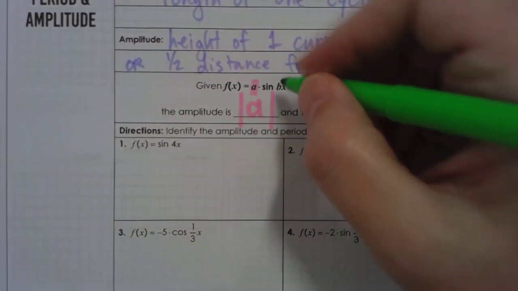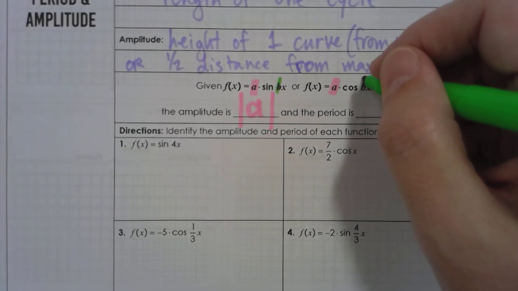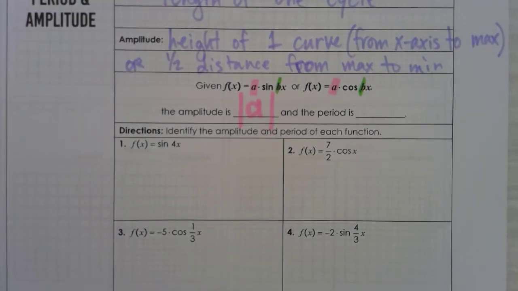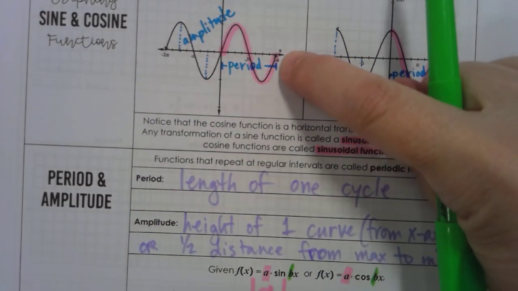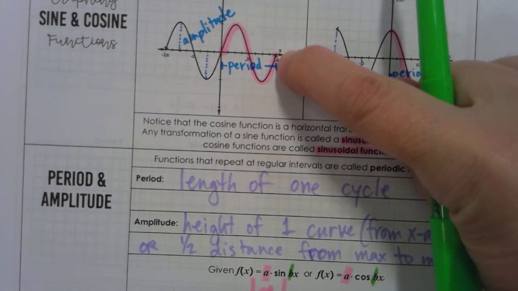The period comes in here from our horizontal stretch or compression, that is the b value. But in order to find that, remember the whole period lasts how far on the parent function? From 0 to, what value did we go to over here? 2 pi.